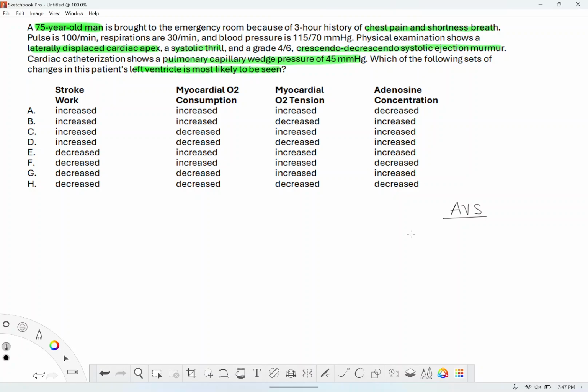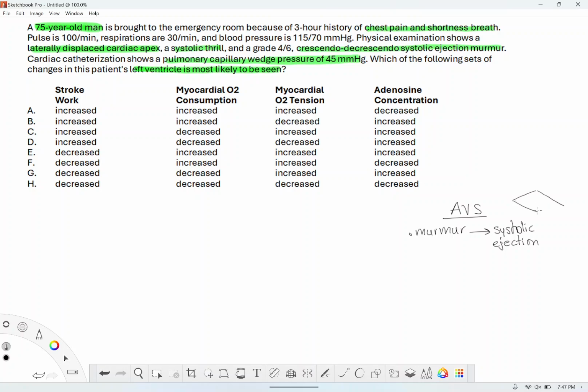Okay. In aortic valve stenosis, the murmur should be systolic ejection, because the aortic valve pushes with a lot of force, it ejects blood, so systolic ejection murmur. And the murmur, initially in intensity, it increases and then decreases.